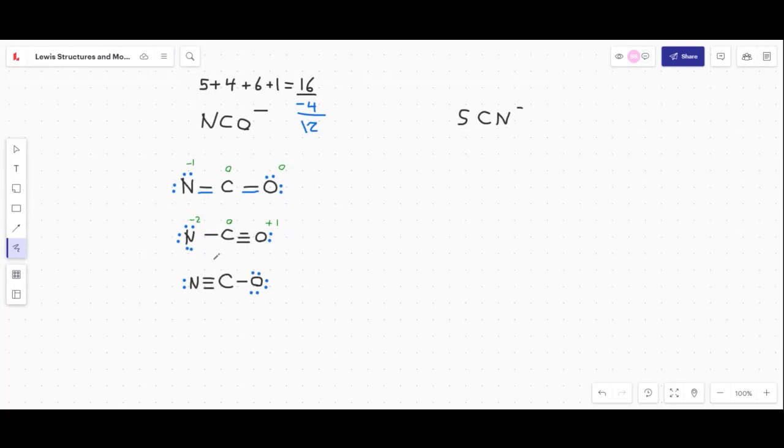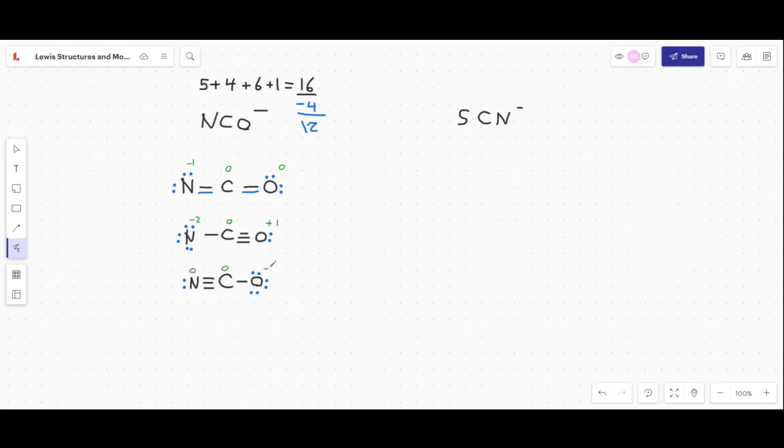What's the formal charge on the nitrogen for the last one? 0. Yep. And what's the formal charge on the carbon? Also 0. And what's the formal charge on the oxygen? -1.